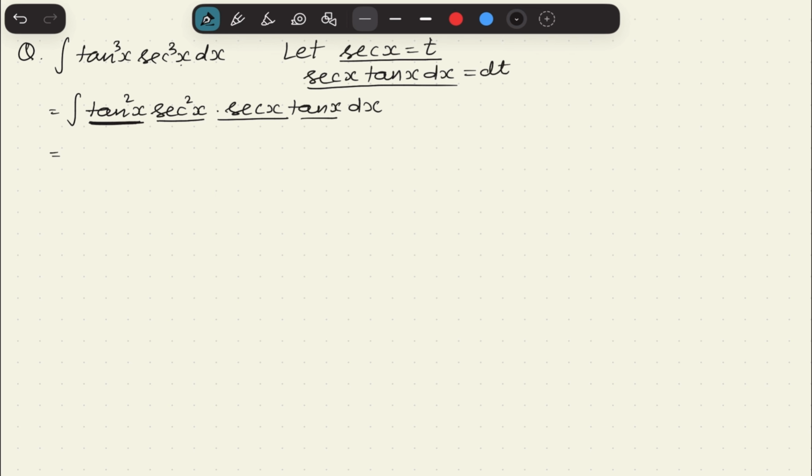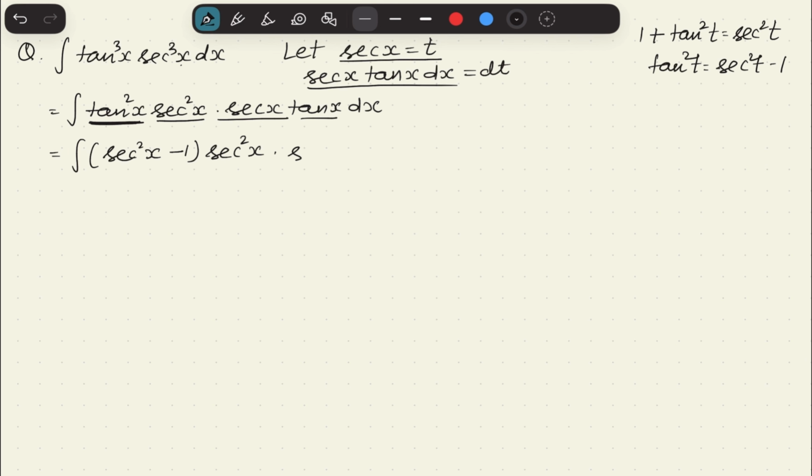So we will apply this equation that 1 plus tan square x is equal to sec square x. So tan square x is equal to sec square x minus 1. So here we will get sec square x minus 1 into sec square x into this sec x tan x dx.